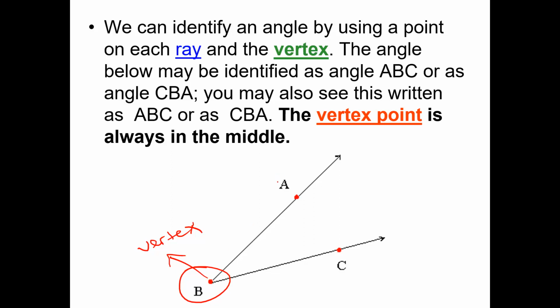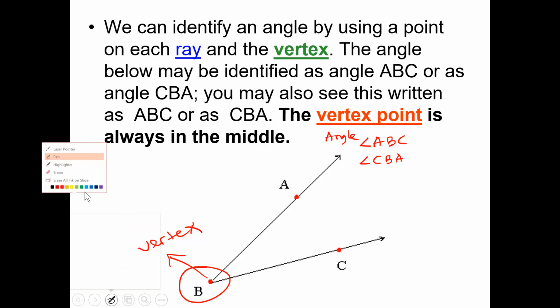So in this case, point B is what we call the vertex. When you want to name this angle, you can name it angle ABC, or angle CBA. We can use this symbol here, or you can just write the word angle. What you need to pay attention to is that when you name an angle, the middle letter should be the vertex.